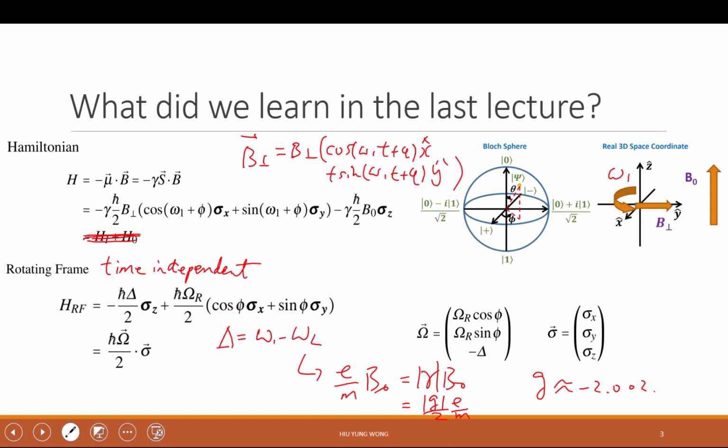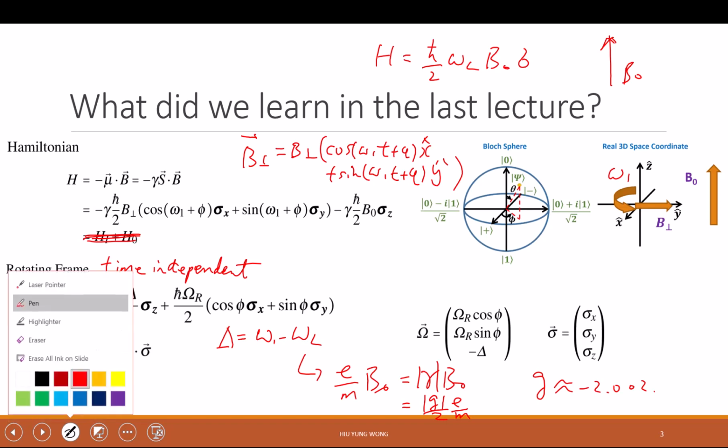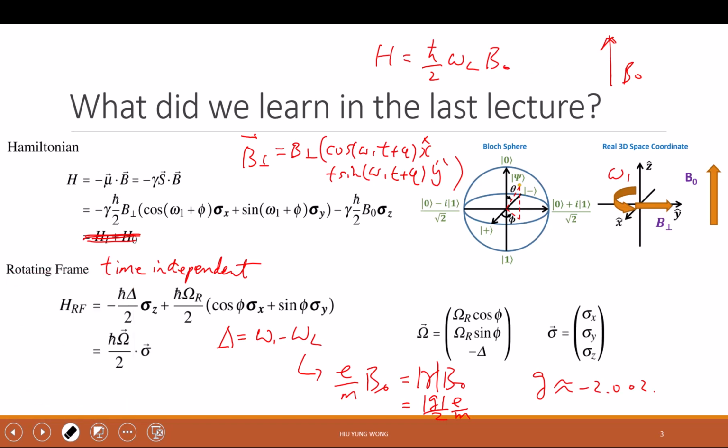But here it tells us something. Now we have gone through so many exercises. The simplest thing is that under a magnetic field in the z direction, the Hamiltonian is going to be h bar divided by 2 times omega L times sigma z.